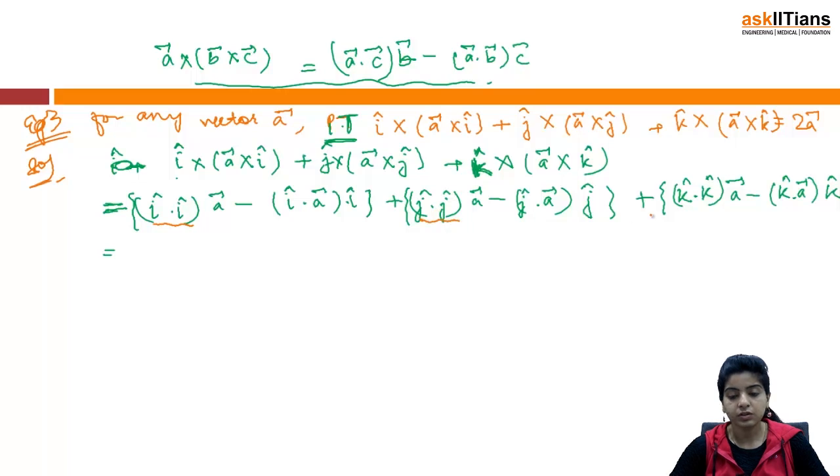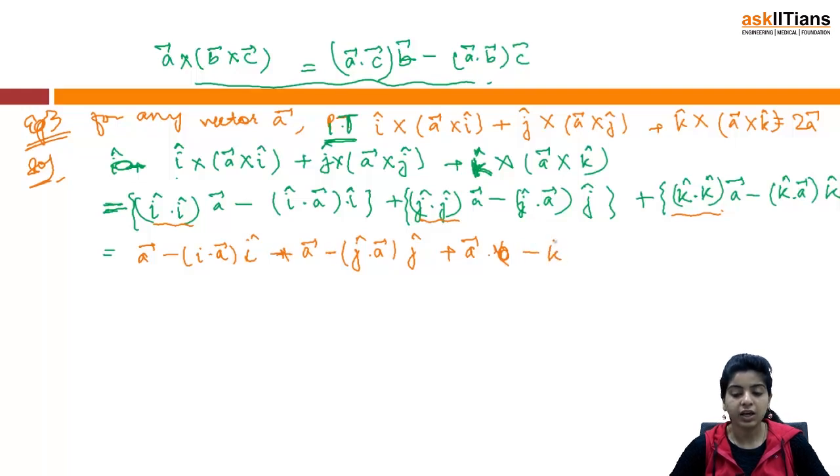So this becomes A vector minus I dot A into I, plus again A vector minus J dot A into J, plus A vector minus K dot A into K. This is what we have derived.